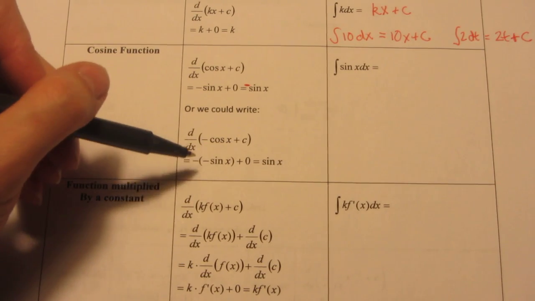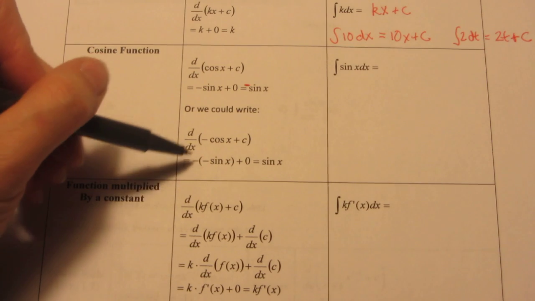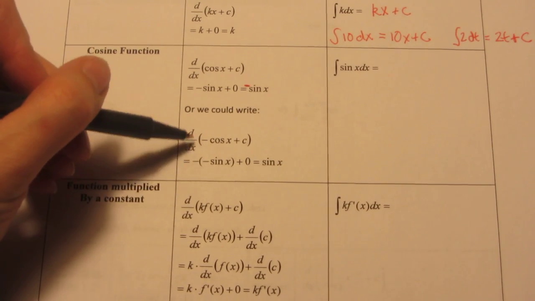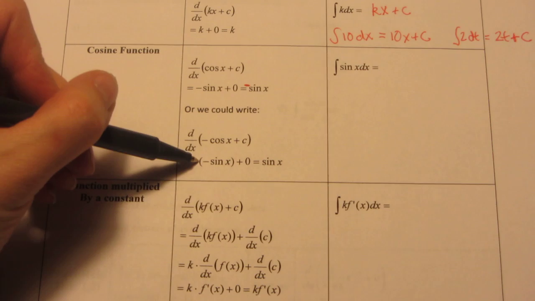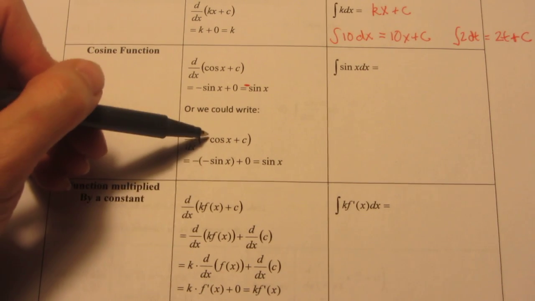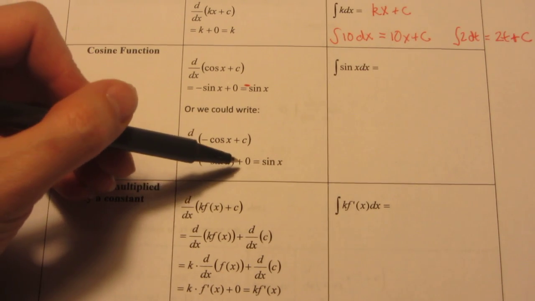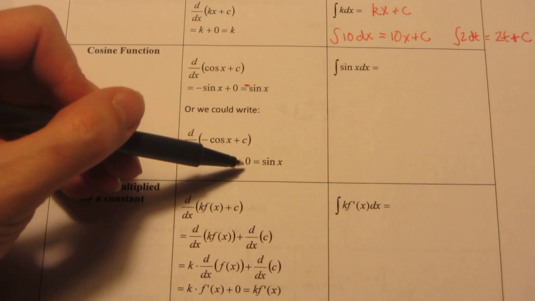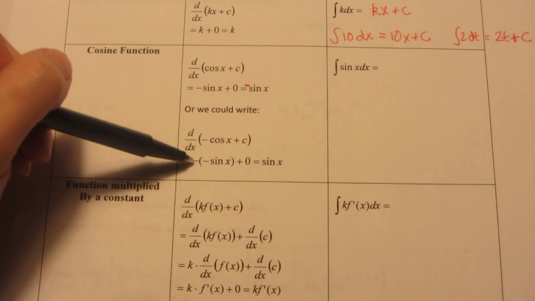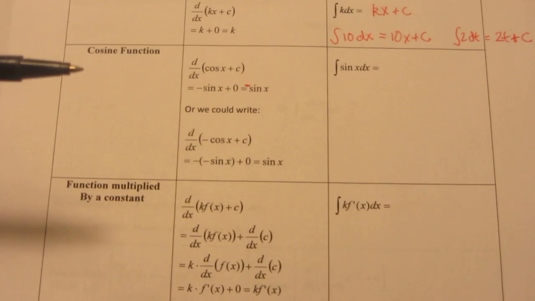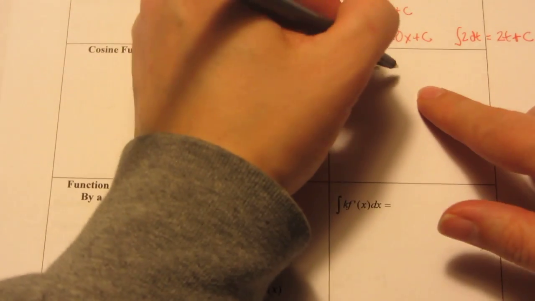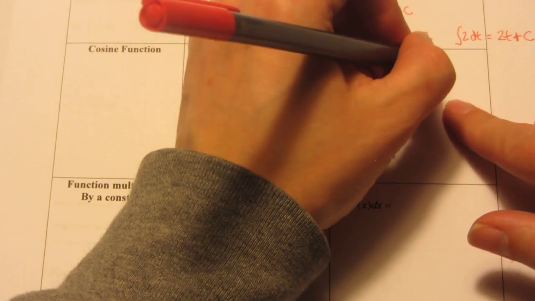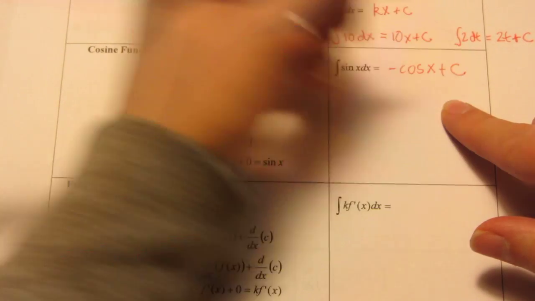So I know the negative is already there. Taking the derivative of a negative makes the whole thing negative, and the derivative of cosine is negative sine of x, plus the derivative of the constant is 0. So that gives me a negative times a negative, which is a positive sine. So that means this is going to be negative cosine of x plus some constant c.